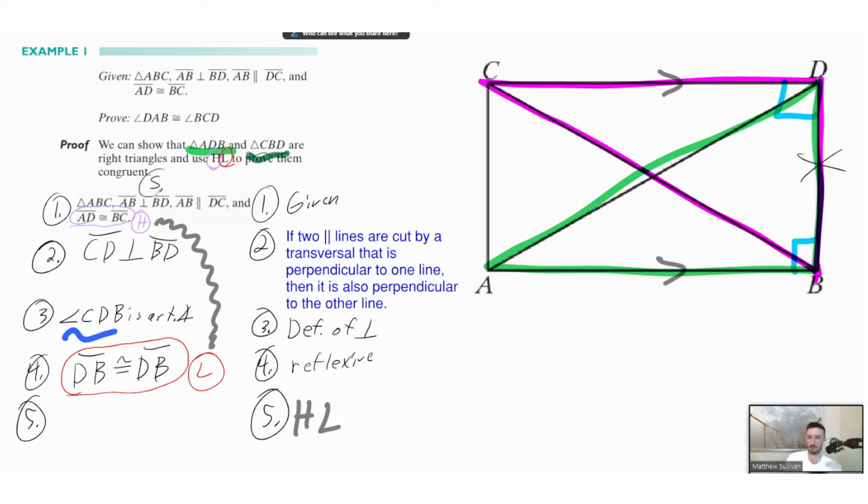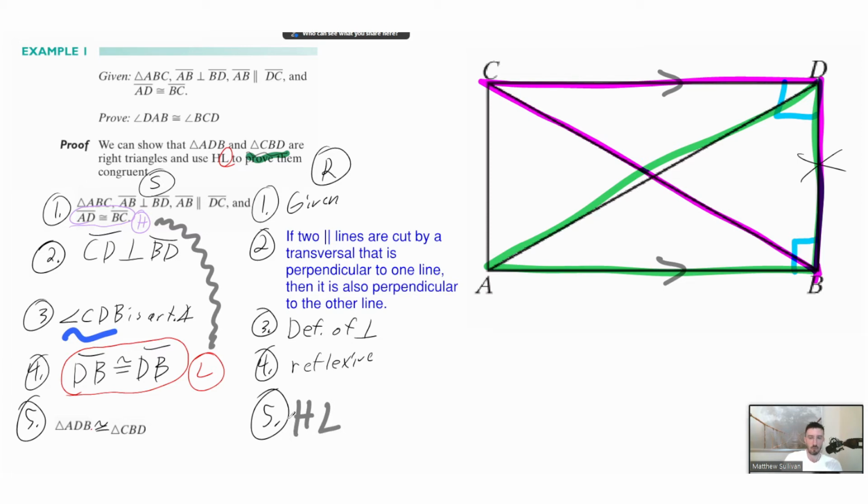What's our statement? The triangles are congruent. Yes, exactly. So this triangle is congruent to that triangle, and the reason is just HL.